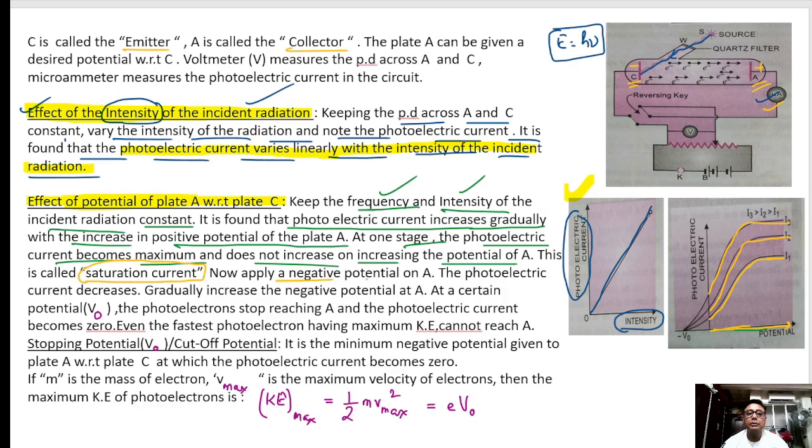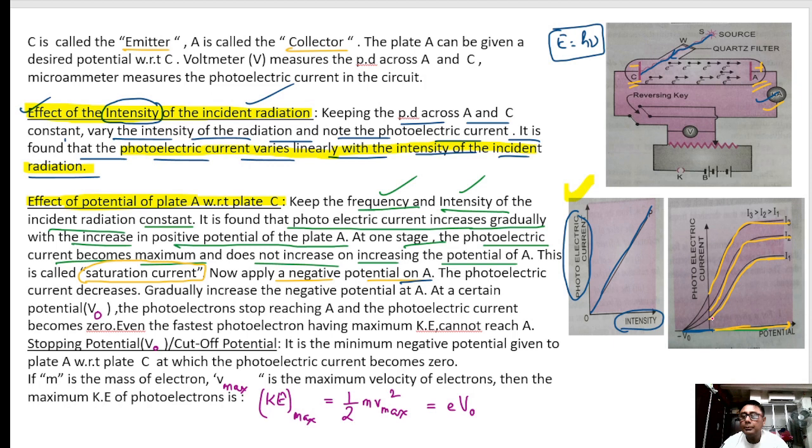Now we apply a negative potential on plate A. See, the potential of plate A gradually decreases, and the photoelectric current goes on decreasing.